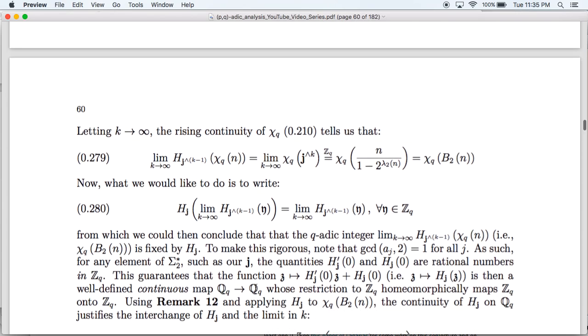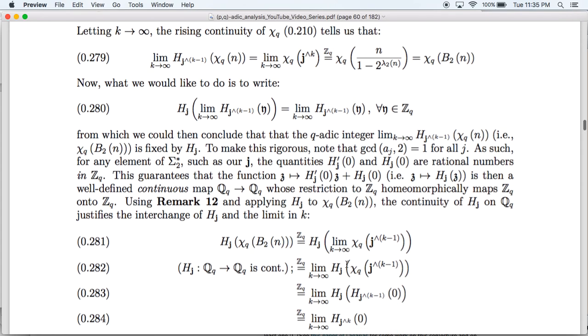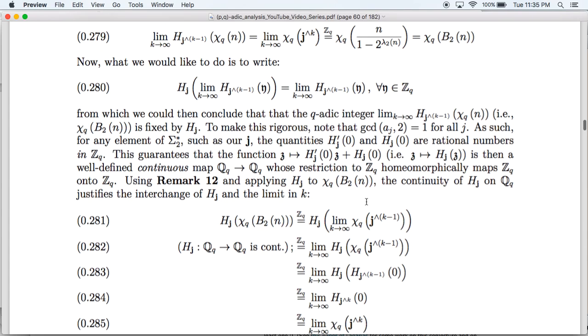To make this rigorous, we note that since the slopes of our branches are always going to be odd numbers, our individual branches are homeomorphisms of ZQ, and thus, since homeomorphisms composed with one another are once again homeomorphisms, H bold J is going to be a homeomorphism of ZQ for all bold J. And so now we are going to use the continuity of H bold J not just on ZQ but on QQ as follows.